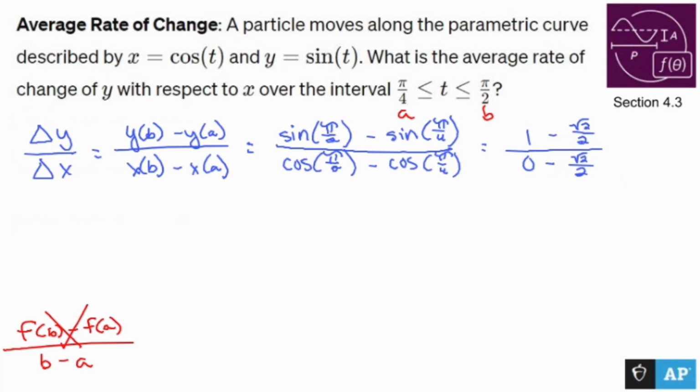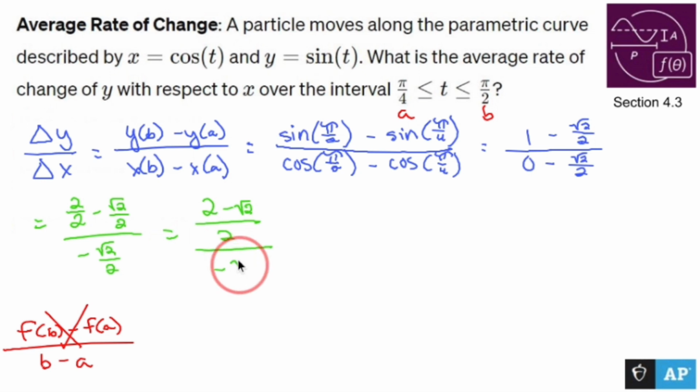All right, so let's combine these two guys on the top. Let's turn 1 into 2 over 2 minus root 2 over 2, all over negative root 2 over 2. Lots of 2's. These guys combine to make 2 minus root 2 over negative root 2 over 2.